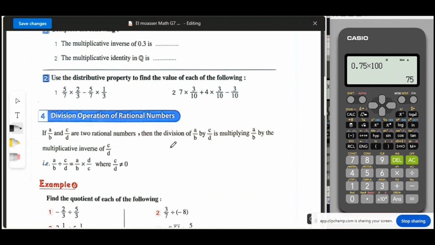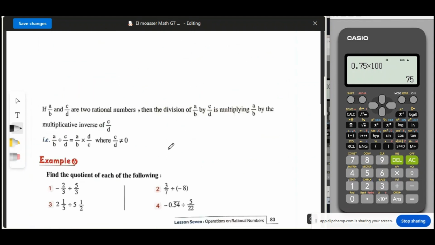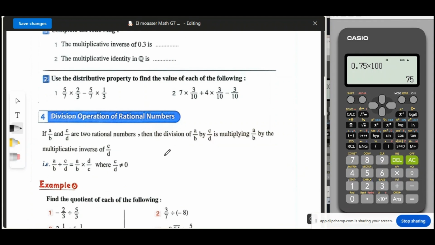Now the last thing, division. Division here is a bit important. So division: if A over B and C over D are two rational numbers, then the division of A over B by C over D is multiplying A over B by the multiplicative inverse of C over D. How?